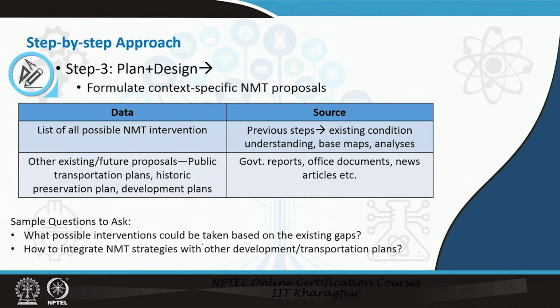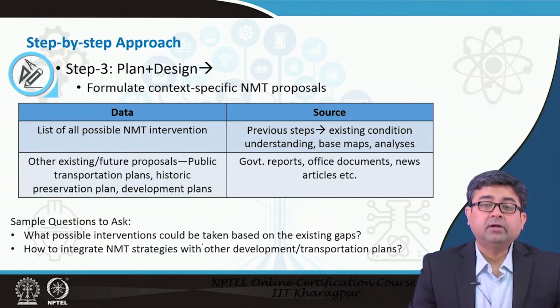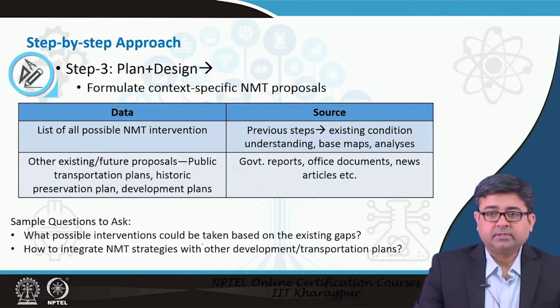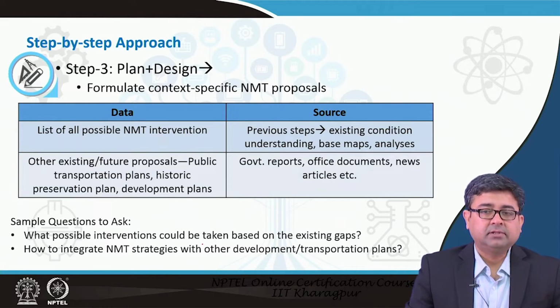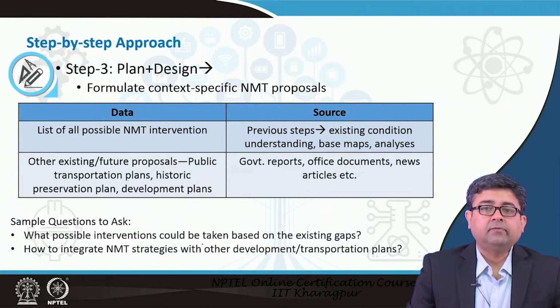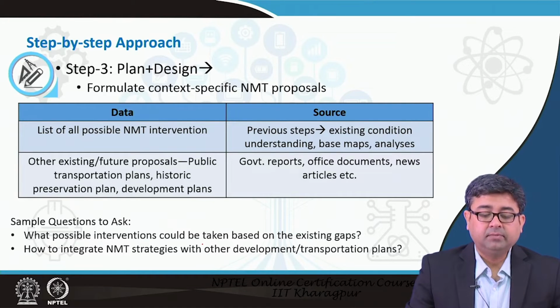So, when we talk about context specific NMT proposals, the questions that we need to ask are: what possible interventions could be taken based on the existing gaps? We have already mapped in the previous step the existing NMT infrastructure in your city, and now we have to ask, based on the gaps, what is the best possible NMT solution that you can provide.